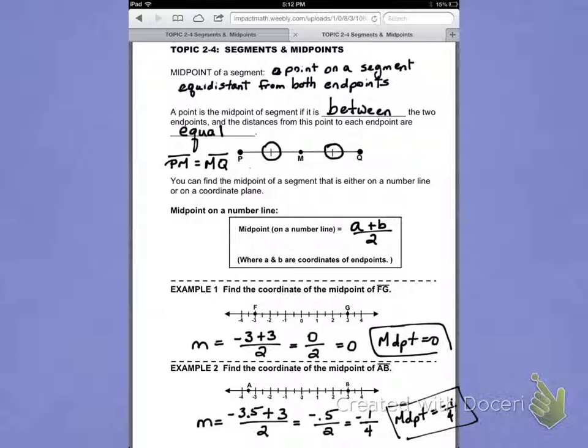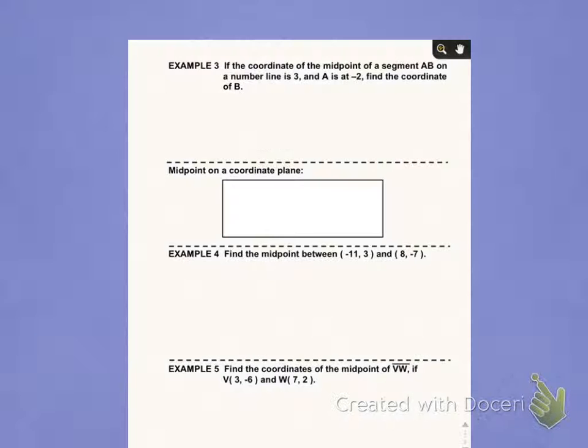Okay, so this midpoint business is actually fairly straightforward and not difficult math at all. So let's look at example 3.